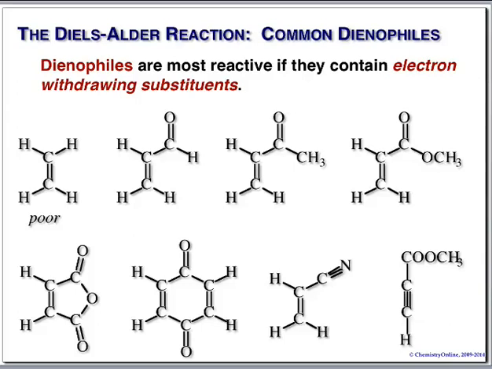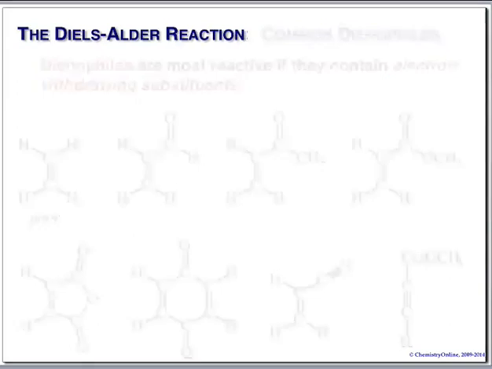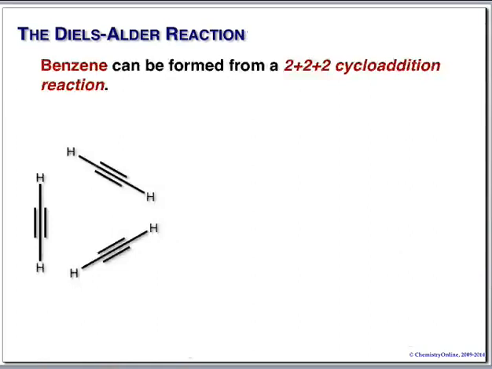The only difference here is we would wind up with a diene where our double bonds are opposite from each other, not conjugated. A very nice example of using a triple bond in a Diels-Alder type reaction is what's known as a 2+2+2 cycloaddition.